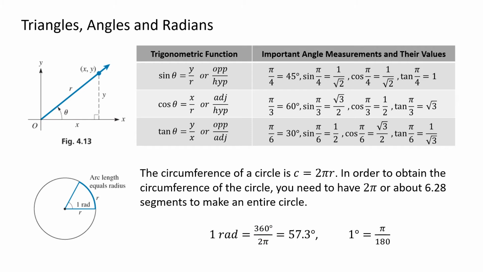So using those two numbers, we can figure out that 1 radian is approximately 360 degrees divided by 2 pi, or 57.3 degrees, so almost 60 degrees. Using that same logic, 1 degree is pi divided by 180.